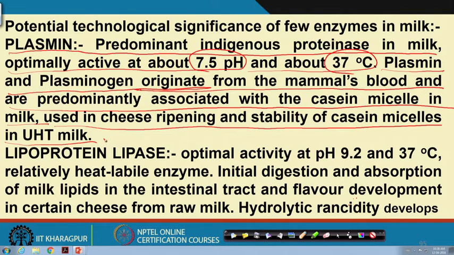It also brings up another term, UHT, that is ultra high temperature. We said in the other class that pasteurization is the destruction of pathogenic organisms, and it is a time temperature combination. Whenever you are heating, it is always a time temperature combination.